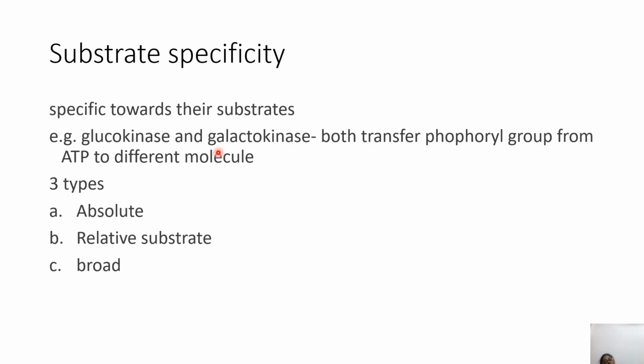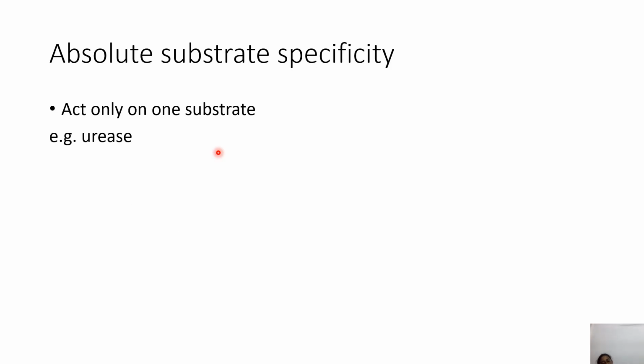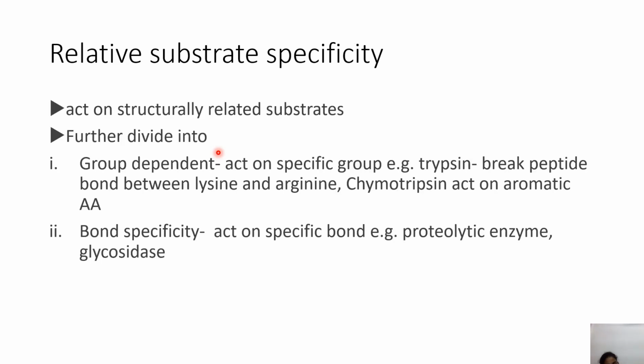Specificity towards the substrate is called substrate specificity, like glucokinase and galactokinase, which both transfer a phosphoryl group from ATP to different molecules. There can be three types: absolute, relative, and broad. Absolute substrate specificity means they act on only one substrate, like urease.